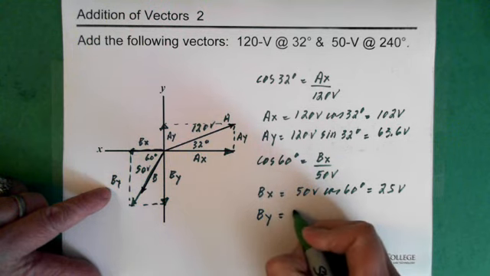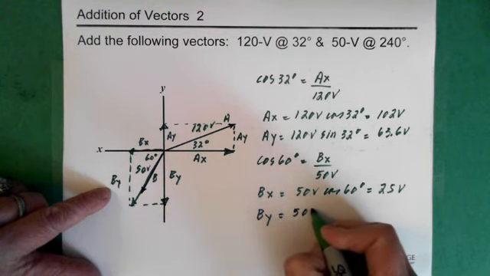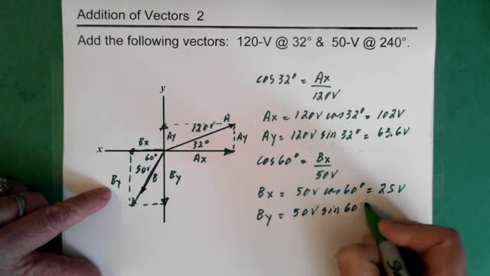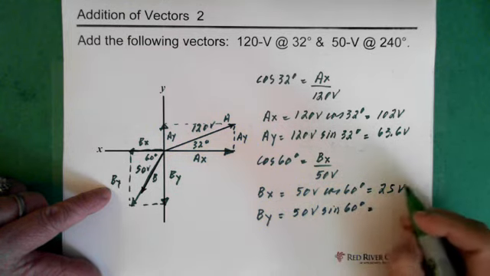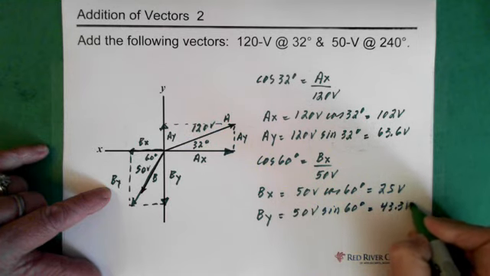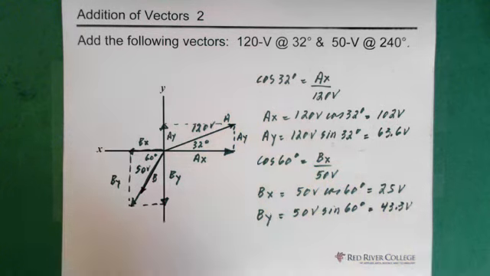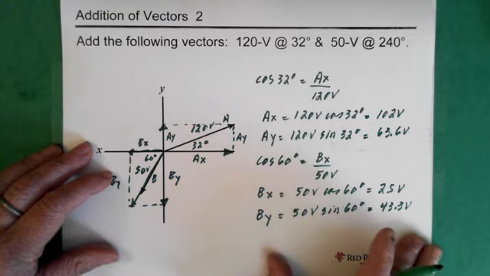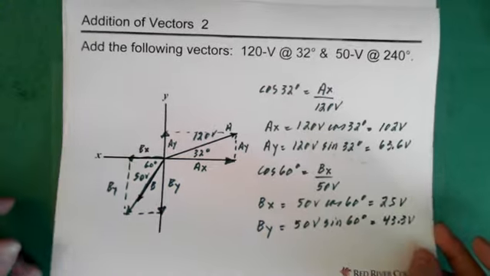So then this becomes 50 volts times the sine of 60 degrees, which equals 43.3 volts. Okay, so now what we do is we take this information here and transfer it to a new x and y axis, all right?